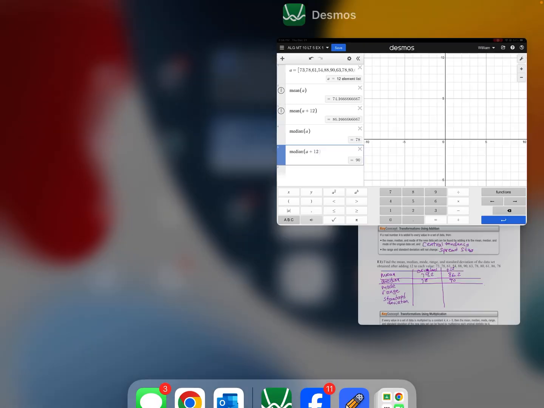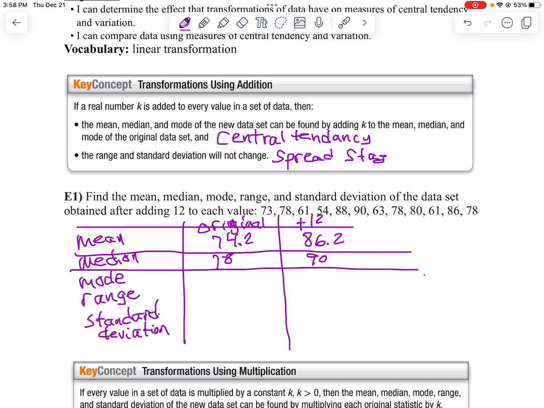Notice it's 90, just like we predicted. Okay, let's do the mode. I probably could just look at it here: 73, 78, 61, 54, 88, 90, 63, 78. Looks like I got three 78s. That's going to be my mode. My mode is 78, and then if I do plus 12, that'll be 90.